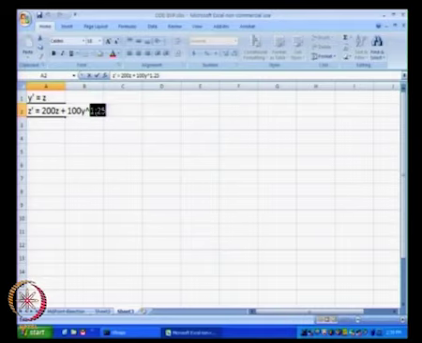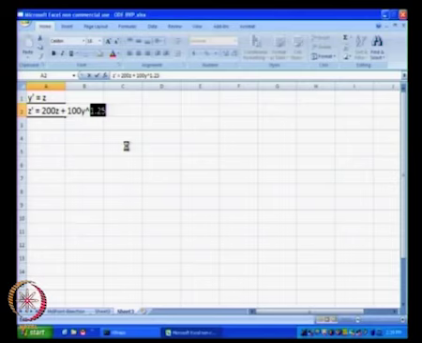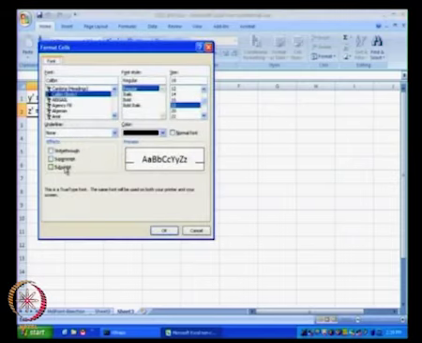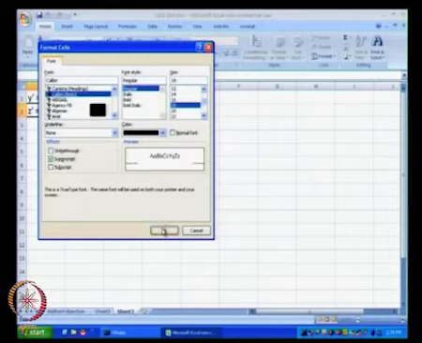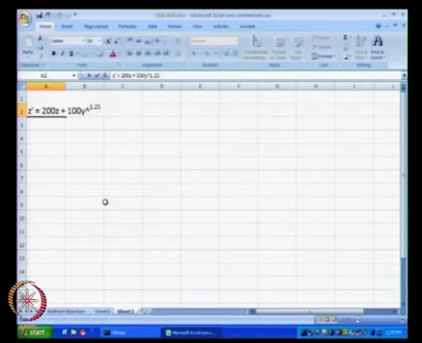Okay, so we will just do format cells and we will just beautify it a little bit. Okay, so this is the problem that we are going to solve with the initial values y0 equal to 1, and let us try certain other initial values, and we will try that for a bunch of initial values and see what happens.